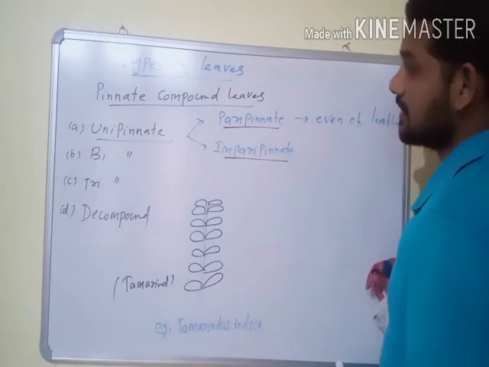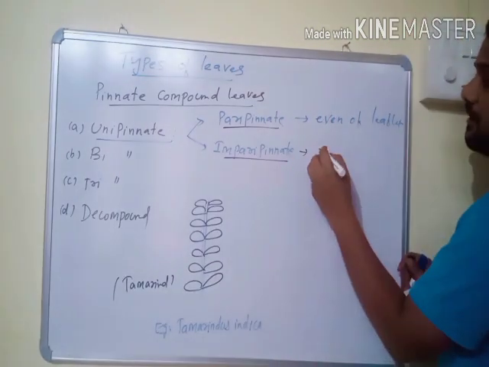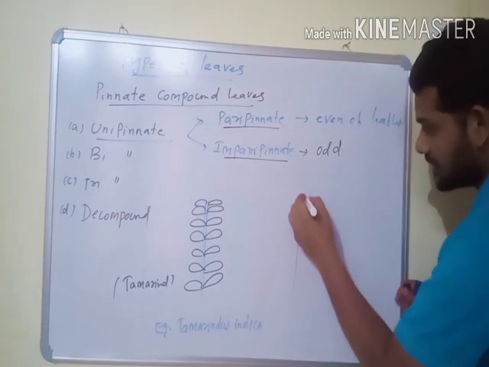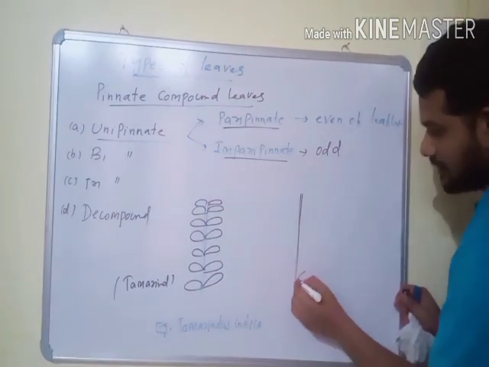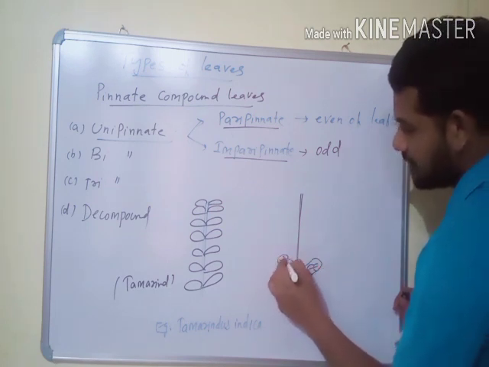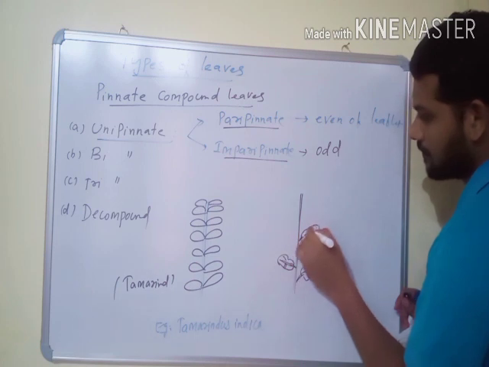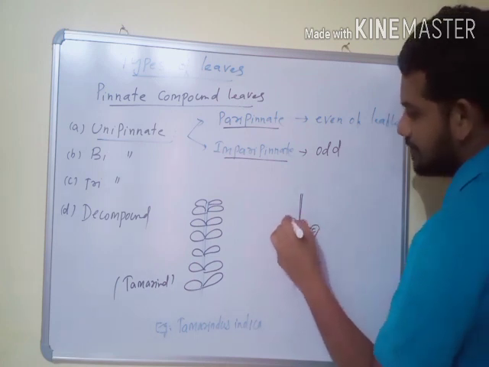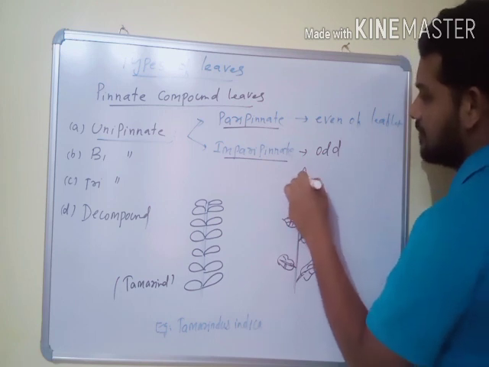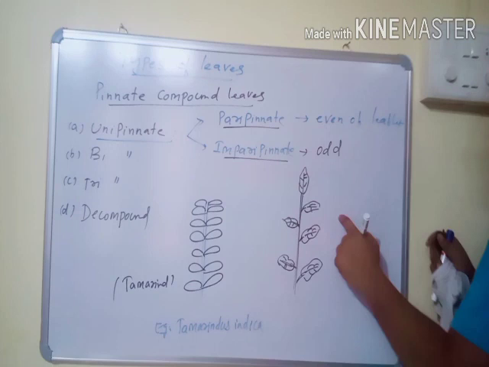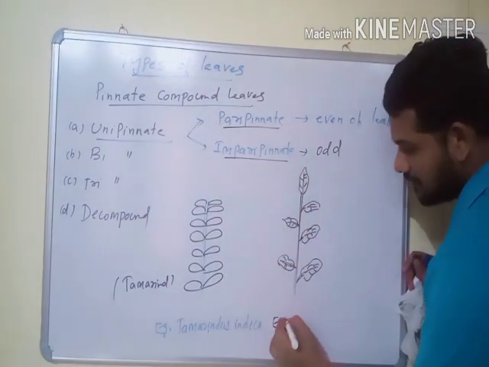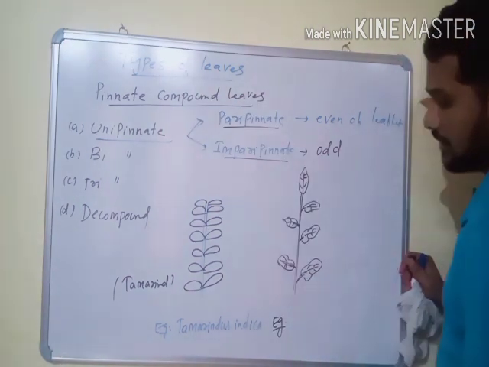And second one is imparipinnate. In imparipinnate, it contains an odd number of leaflets. For example, this is a single pinna, and this single pinna has many leaflets. These are the leaflets, and the apex of the pinna terminates with a single leaflet, and this type of unipinnate compound leaf is called imparipinnate.